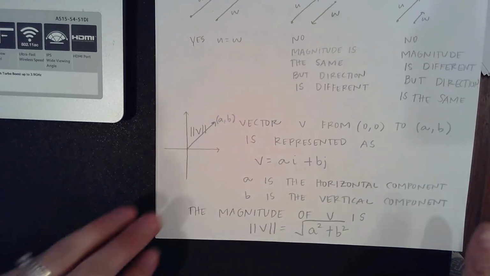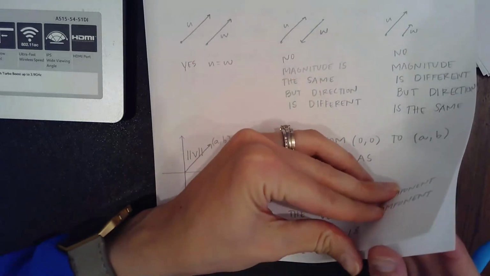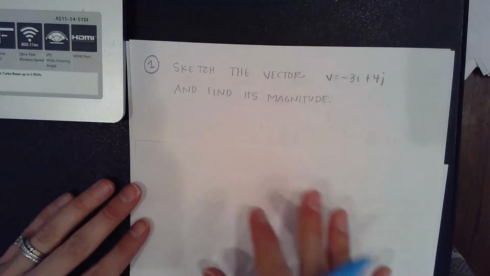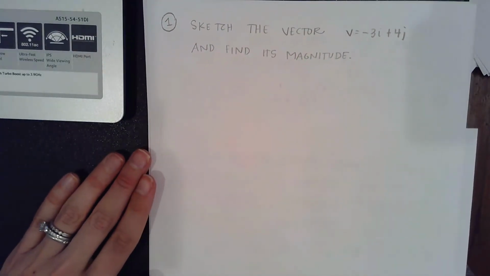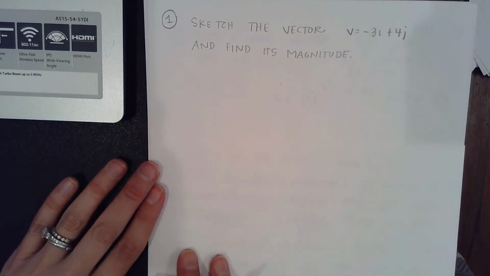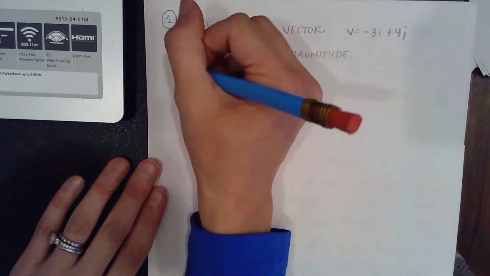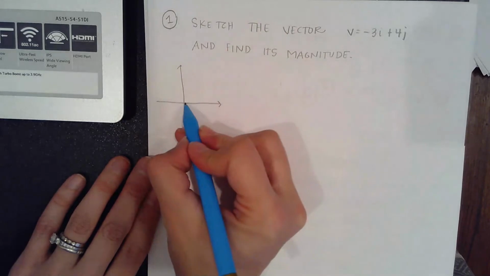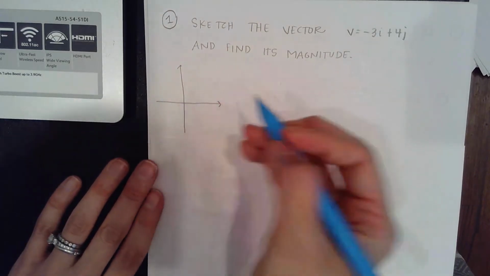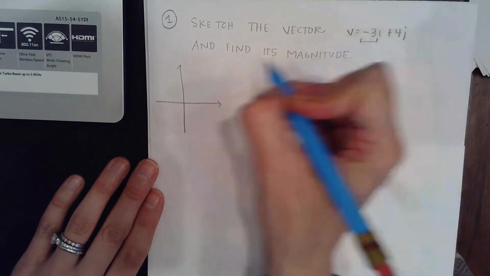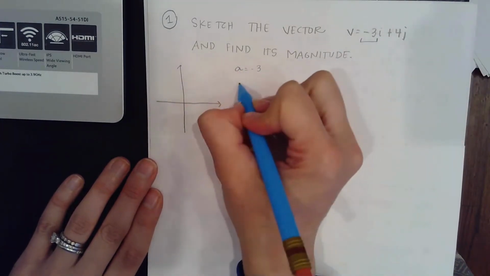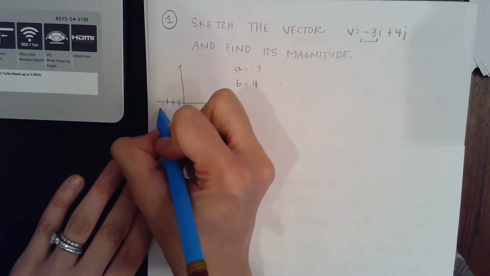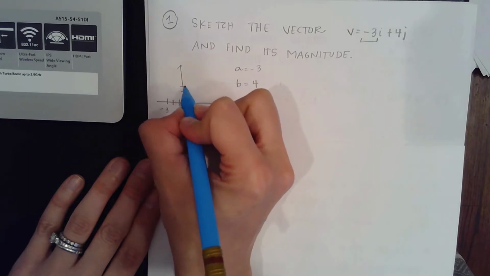Okay, so let's do an example of this real quick. Sketch the vector v equals -3i plus 4j, and find its magnitude. So I want to sketch this one in my standard form here. That means I'm going to start out at my terminal side 0, 0. So a here is going to be equal to -3, and b is going to be equal to 4. So that means I'm going to go 1, 2, 3, and b is going to be 1, 2, 3, 4.